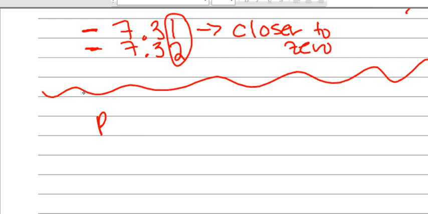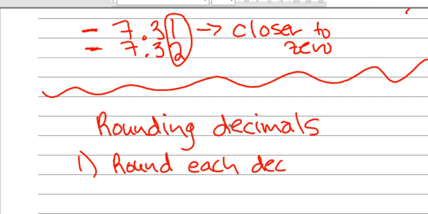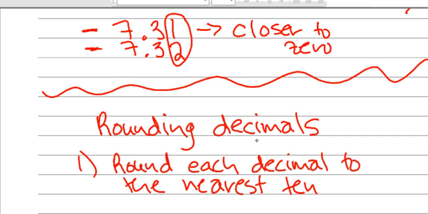Okay, then they have, last thing is rounding. So I want to round each decimal to the nearest tenth place.